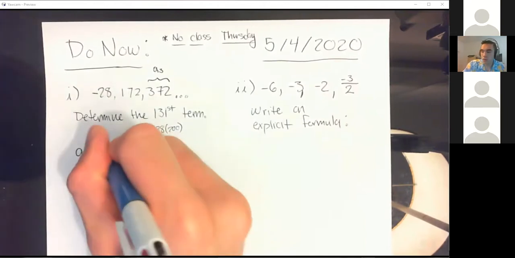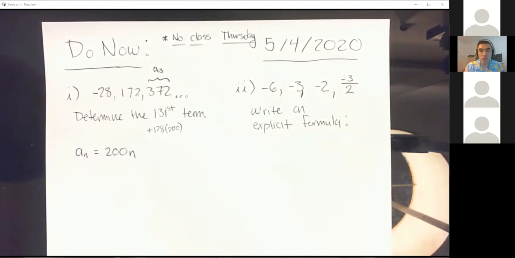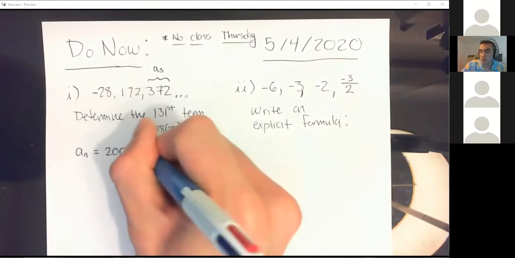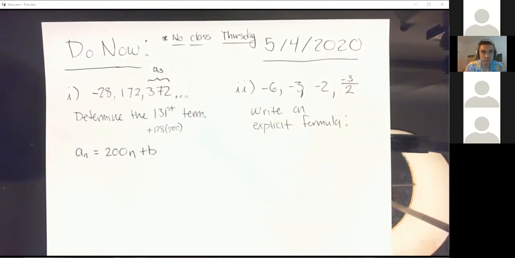200. Right, so that's going to be 200n, because the common difference acts a lot like the slope of a linear equation. And then in order to tune the way that this sequence behaves, we're also going to have to add a constant. How can I determine what that is?